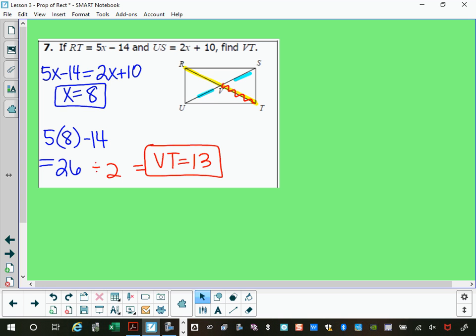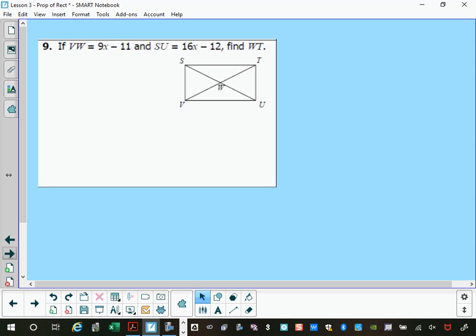All right, let's skip number 8. Let's look at number 9. On number 9, it says BW, if BW is 9x minus 11, and SU, so this whole piece is 16x minus 12, find WT.